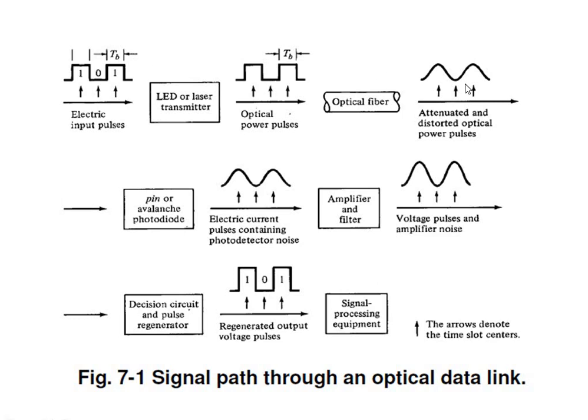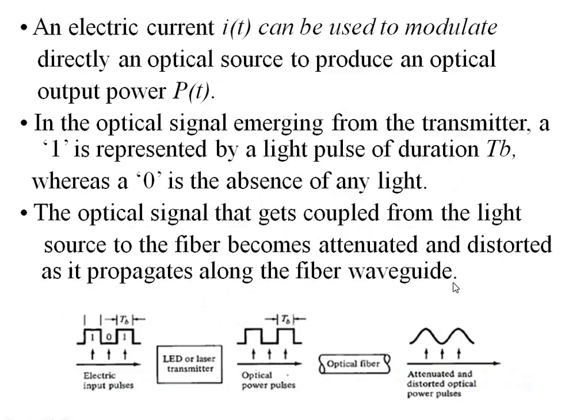In this figure, the shape of the digital signal at different points along an optical link is illustrated. The function of the optical transmitter is to convert the electric signal to an optical signal. One way of doing this is by directly modulating the light source drive current with the information stream to produce a varying output power P of t.